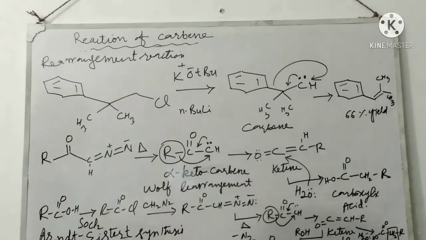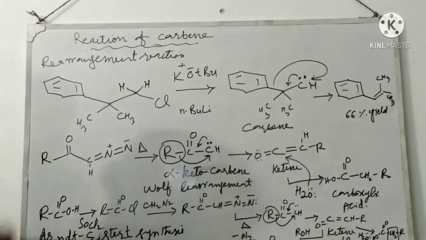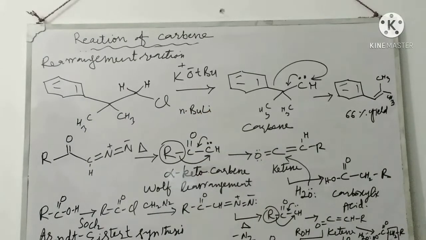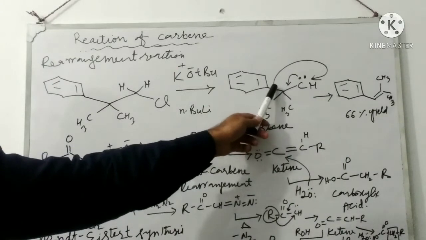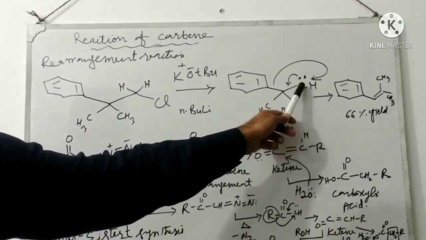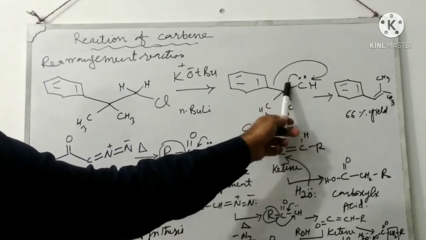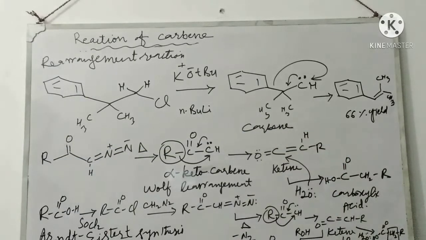Through alpha elimination, as we already discussed, it generates the carbene. This carbene undergoes rearrangement. This phenyl group with its two electrons migrates to the carbene carbon, and the two electrons of the carbene shift here to give this rearranged product in 66% yield.